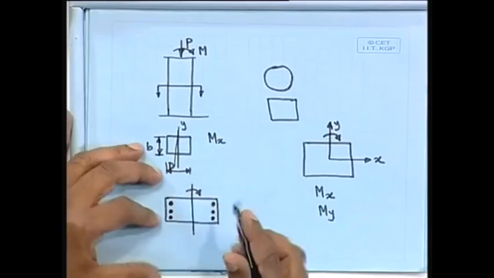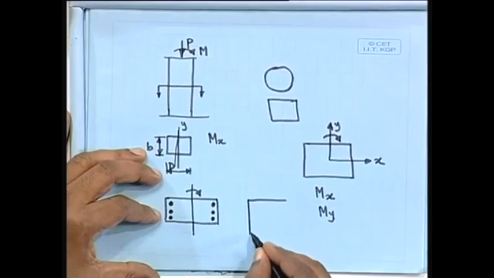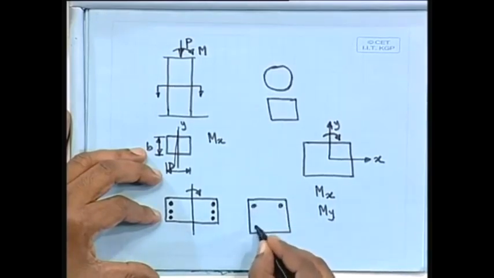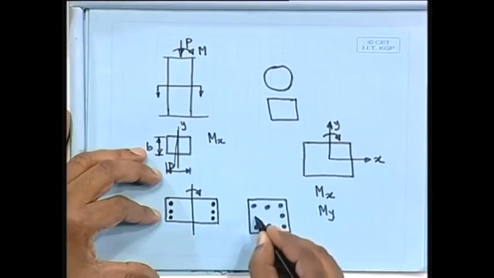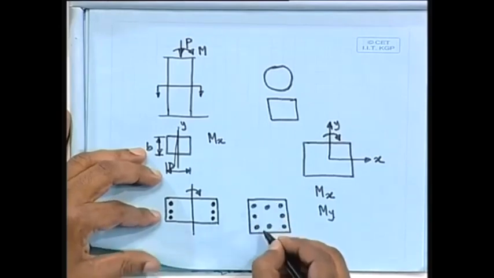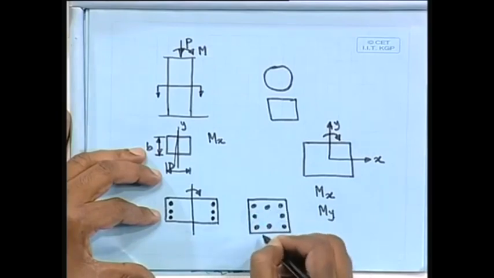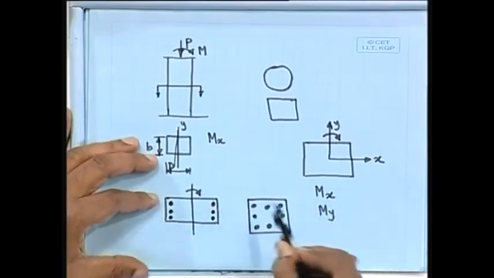Alternatively, if required, we can specify the reinforcement all along. Then we are not taking the full benefit of the reinforcement, only the axial load will be taken, but for biaxial bending you have to specify the reinforcement on all the sides. This is the general case of how we specify it.